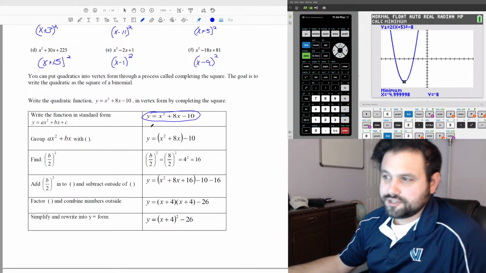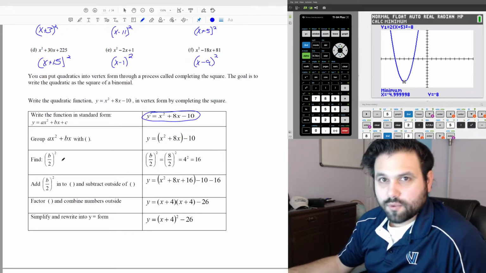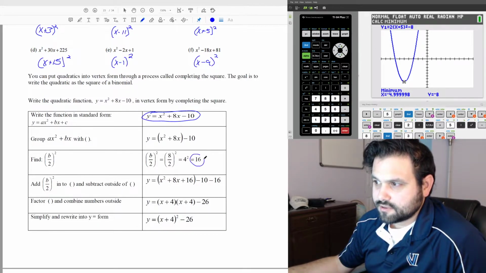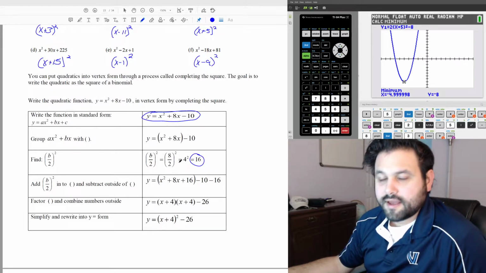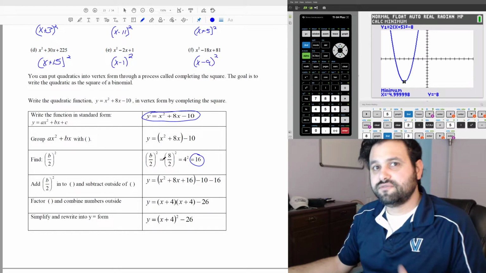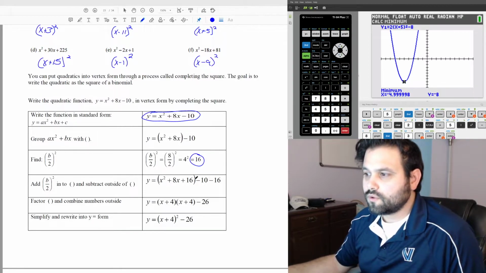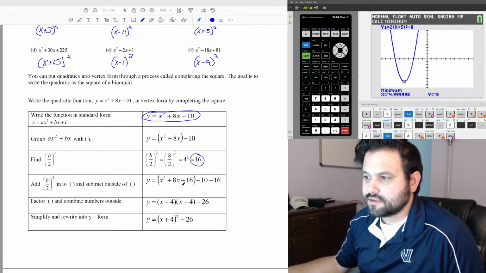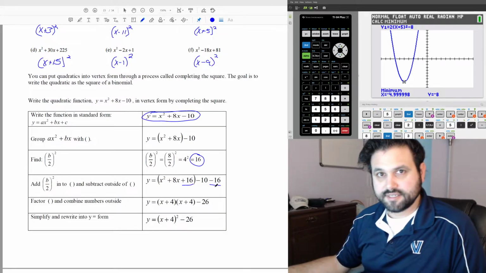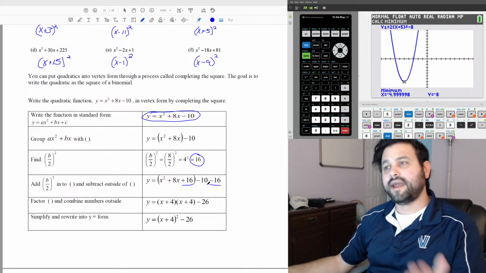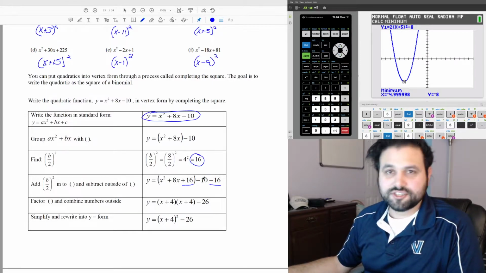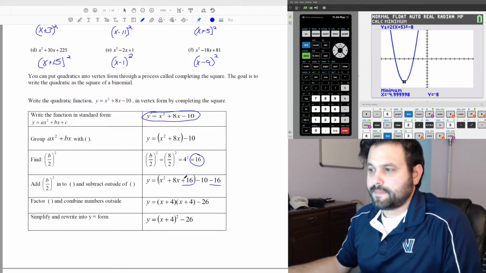So we're going to figure out what that number is, 16. And because we can't change the value of the equation, we're going to add 16, and we're also going to subtract 16. Because if we add 16 and subtract 16, we haven't changed the value of this equation at all yet.